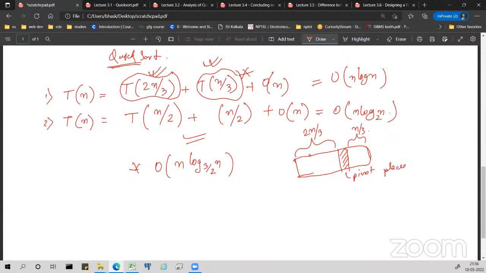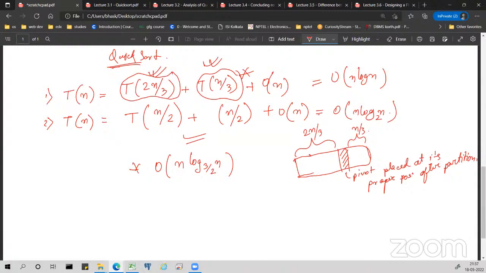Somewhere minus 1 should come in either of the parts. Sorry, can you repeat? I mean, either it will be 2n by 3 minus 1 or n by 3 minus 1 because one element is the pivot.